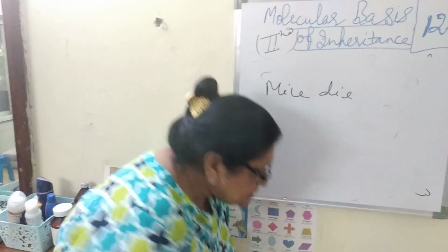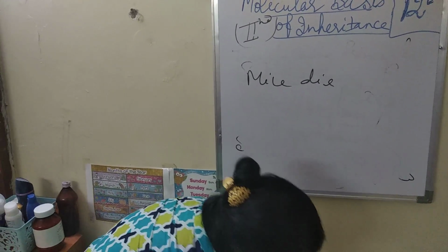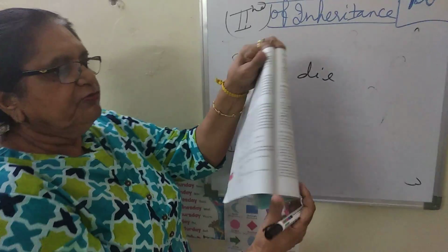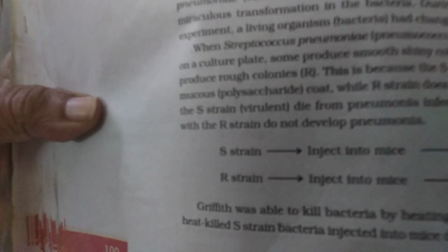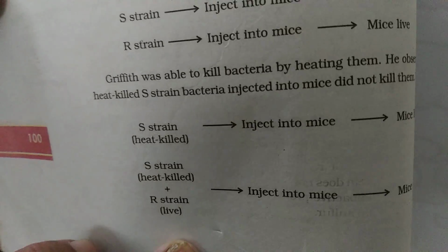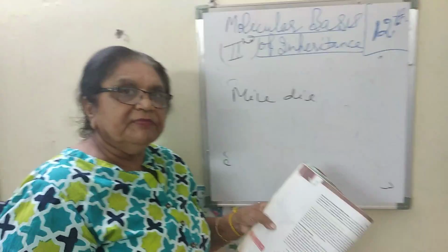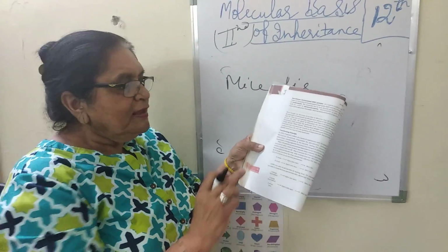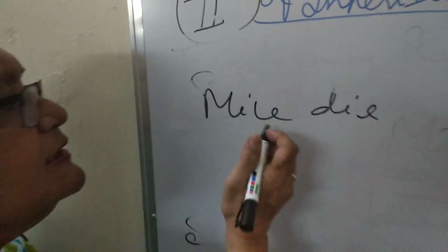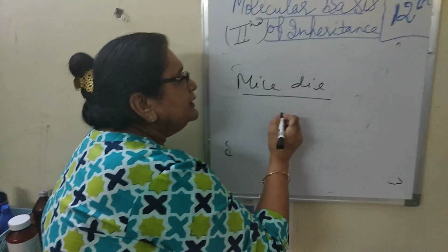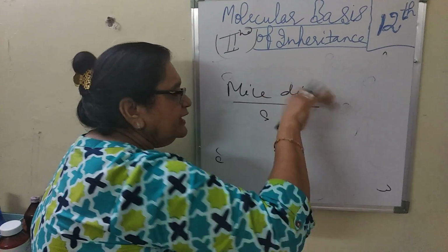So you can write this according to NCERT and you will get the full credit. This is the main 3 marks question. Even you can draw the diagram given in the book, but be careful: when the mice die, the mice should be shown in an inverted position.